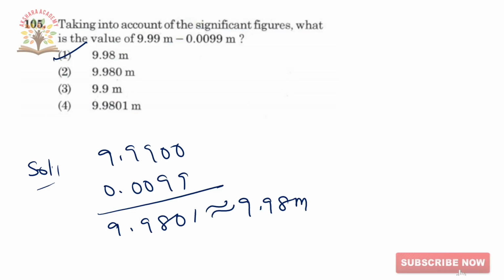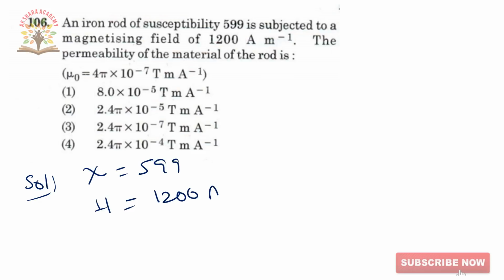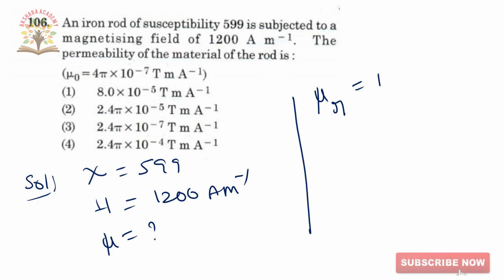Next go to question number 106. In this they gave susceptibility chi equal to 599, and H equal to 1200, and mu is asked. Now we write the solution: mu r is equal to 1 plus chi, that is equal to 600, and we calculate mu by mu naught, which is equal to 600.